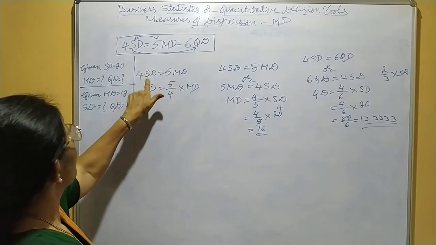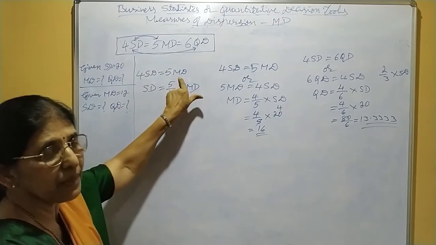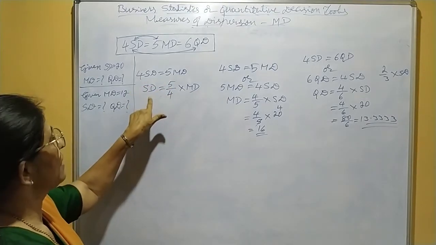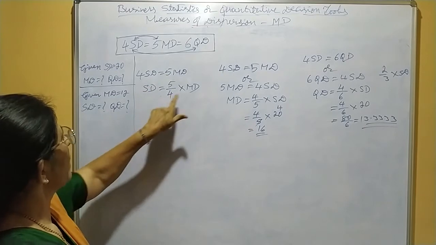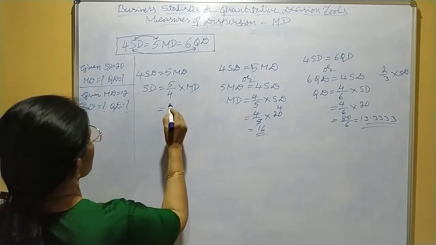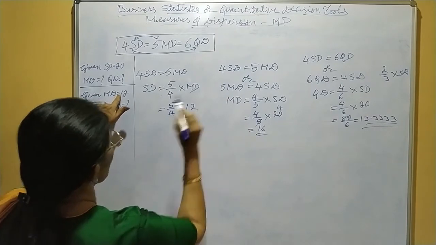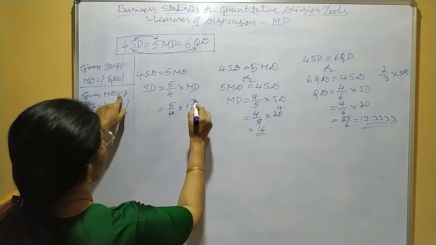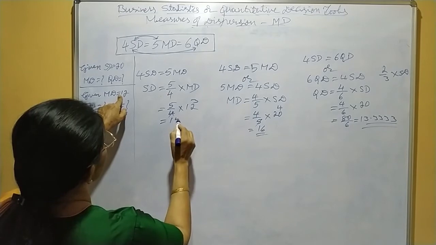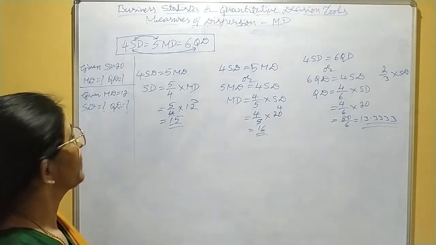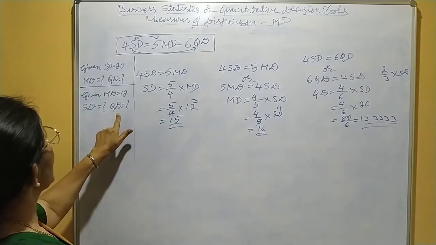That is 4sd equals 5md. You have to calculate sd, written sd on the left side itself. sd equals 5/4 into md equals 5/4. Given mean deviation is how much? 12. 4 3s are 12, 5 3s are 15. Standard deviation is 15.